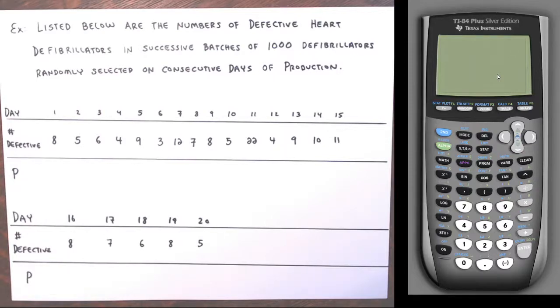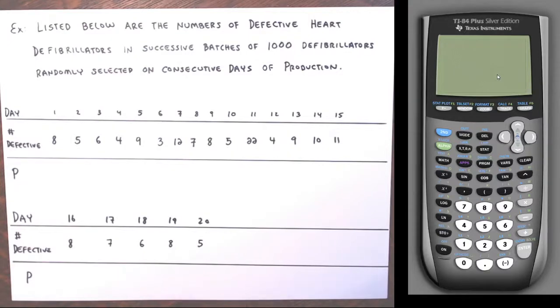Because if you send too many defective ones out, you're going to get sued very quickly by people who went to use your defibrillator and it wasn't working. In fact, you'd want practically no defective items, but that's neither here nor there.